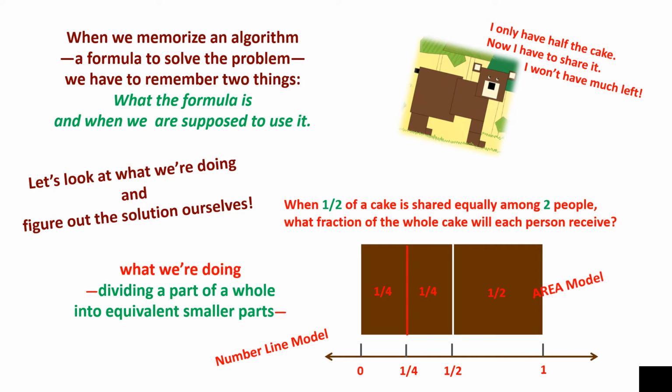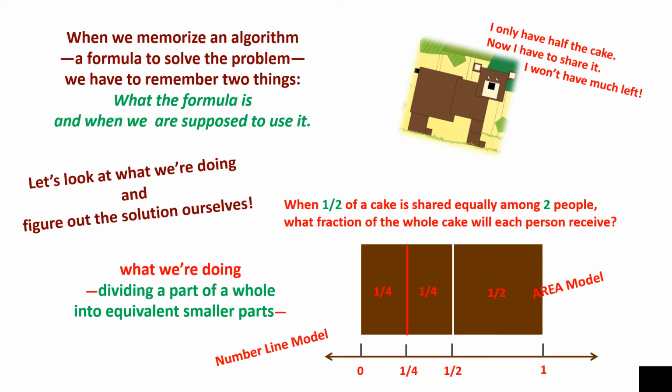At the bottom of this slide, we have a model of a cake, an area model, and we can see that the entire cake has been divided into two equal portions, or halves. And one of these halves has been divided by 2. If we divide 1/2 into 2 equal portions, we can see that each of those portions would be equal to 1/4 of the entire cake.